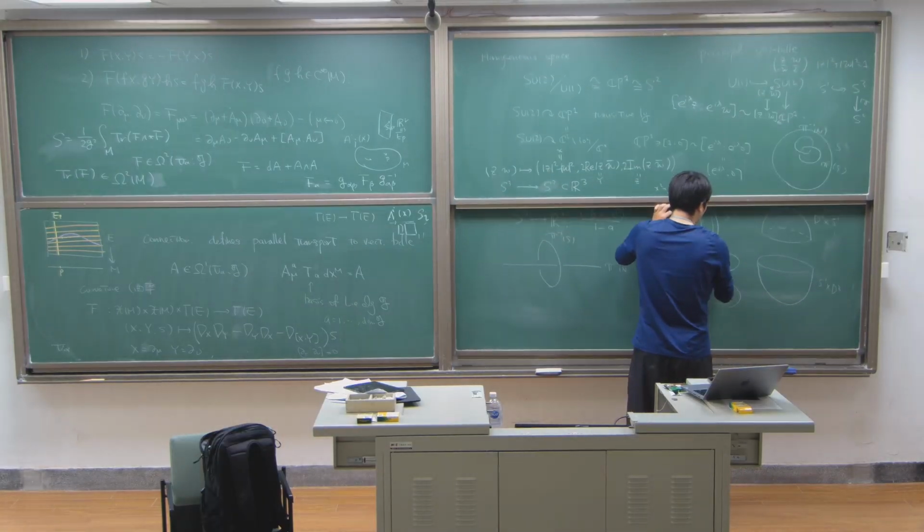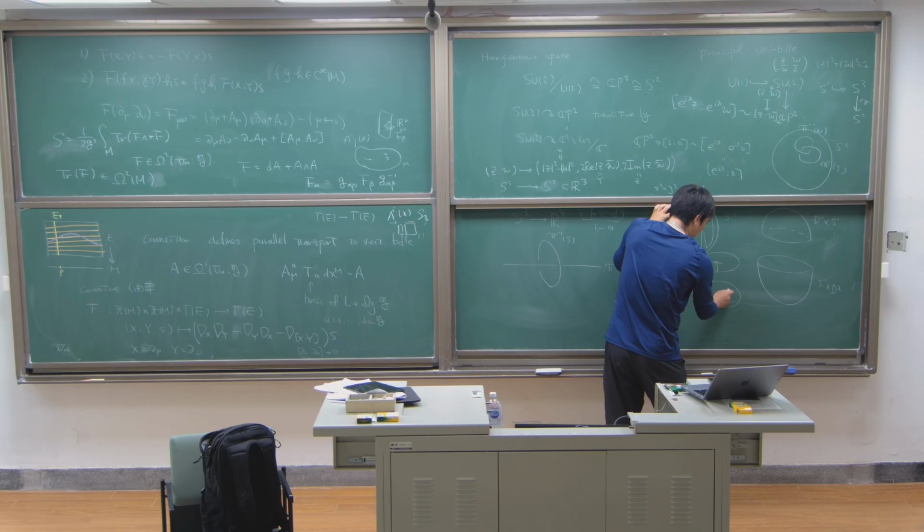You just identify this meridian as a longitude, but with the rotation several times, like this way, and eventually you move like this way.